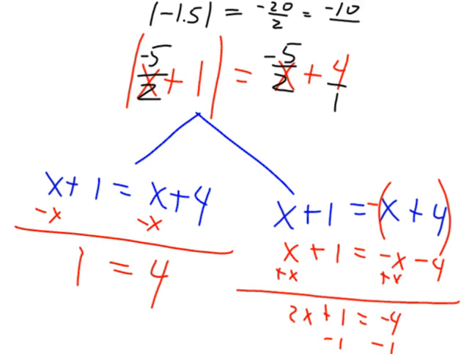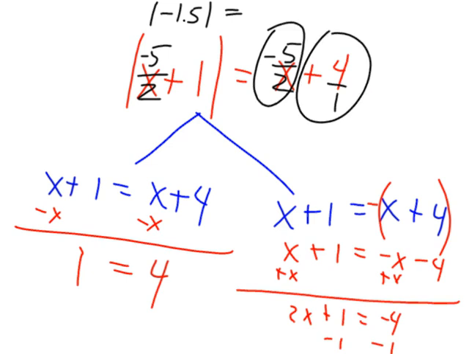What, just negative? Wait a minute. I'm multiplying, sorry. Negative 5 over 2 plus 4. I did that all wrong. Try to fix this. Negative 2.5 plus 4 is 1.5. Okay, good. It is going to work. There we go. I checked it. The absolute value of negative 1.5 is 1.5. It worked. So negative 5 halves was my answer.